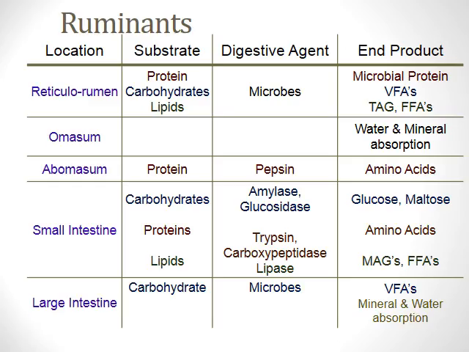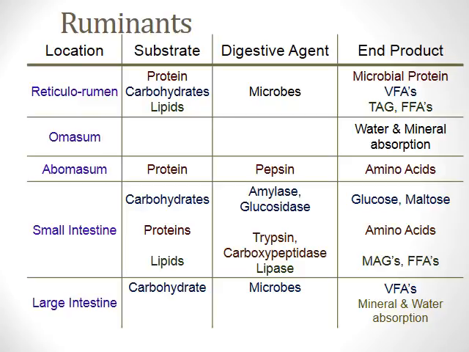This is an overview, a summary of the substrates, digestive agents, and end products in the ruminant. And what I really want to highlight is that the microbes here in the reticulorumen are able to break down the protein, carbohydrate, and lipid substrates into microbial protein, volatile fatty acids, and ultimately free fatty acids and triacylglycerol.